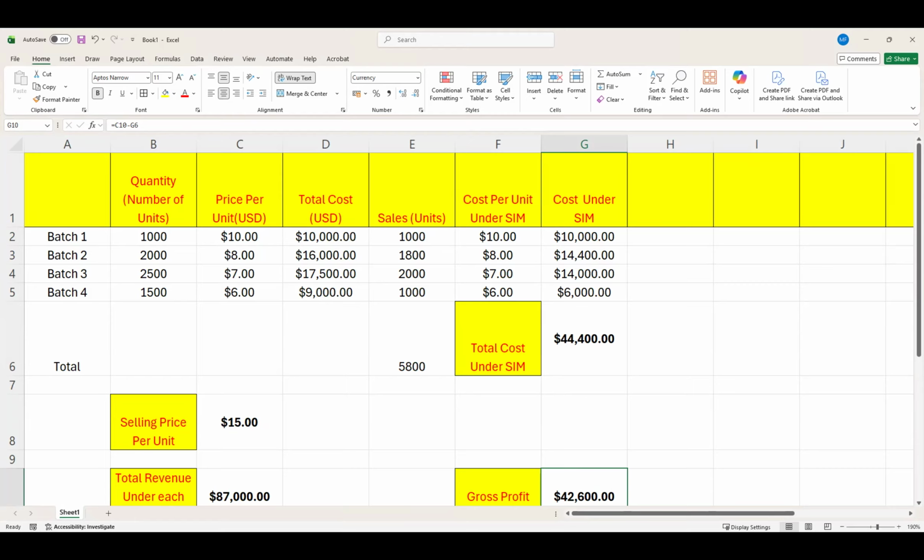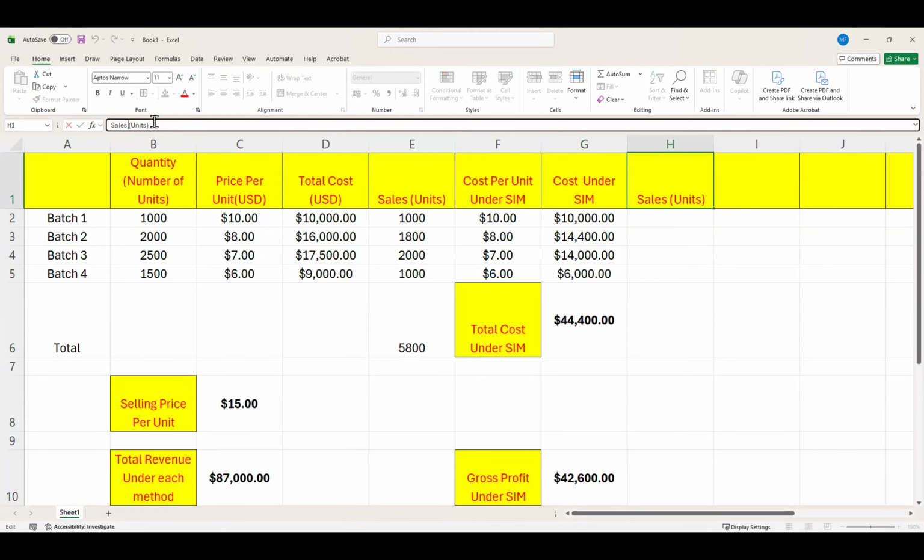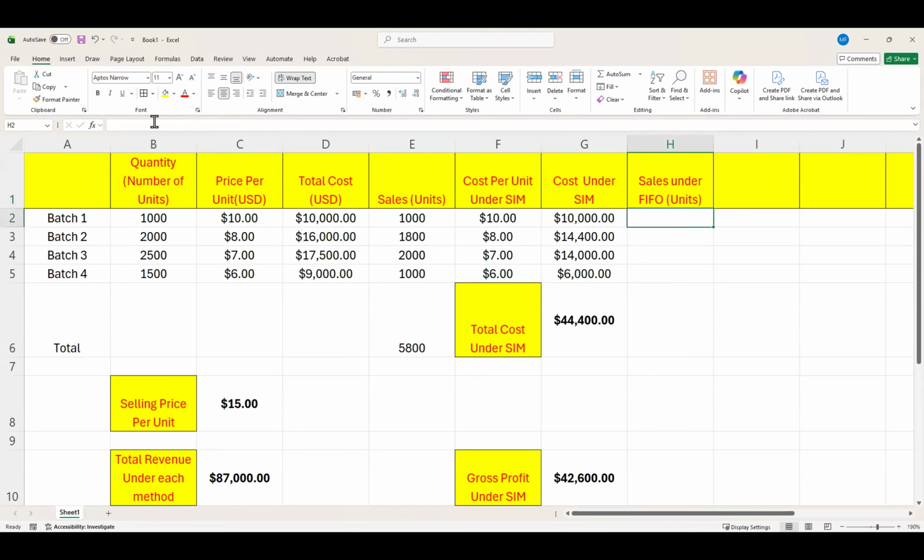Let us discuss the FIFO method now. Under the FIFO method, sales under FIFO, because under FIFO, what is assumed? That the items which came first will be sold first.